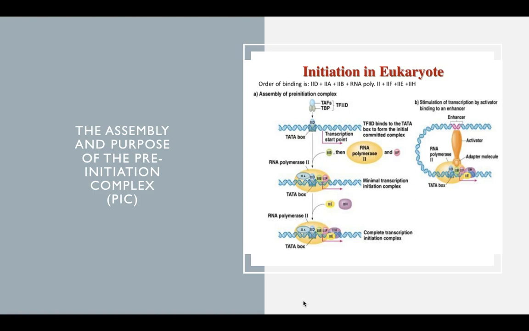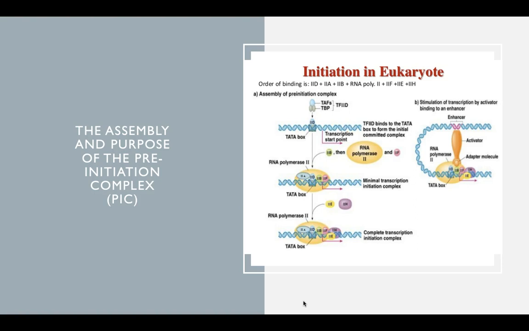There are 6 GTFs that are completely responsible for recruiting RNA polymerase 2 to the promoter, correctly positioning it, separating the double-stranded DNA of the gene, and launching RNA polymerase down the gene to transcribe. But I'm going to discuss the 3 main GTFs in detail, of what they actually do within this PIC.